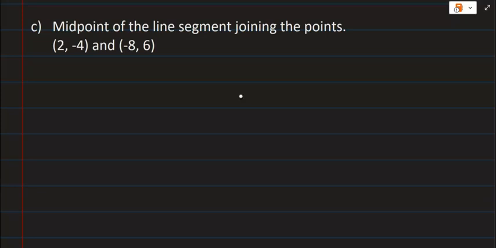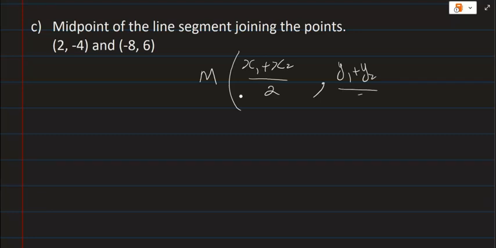So let me rewrite the midpoint formula: x1 plus x2 divided by 2. That's the coordinate of the x for the midpoint. And the y coordinate of the midpoint is y1 plus y2 divided by 2.